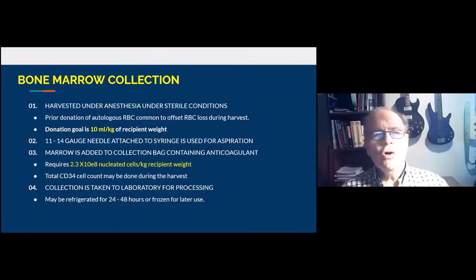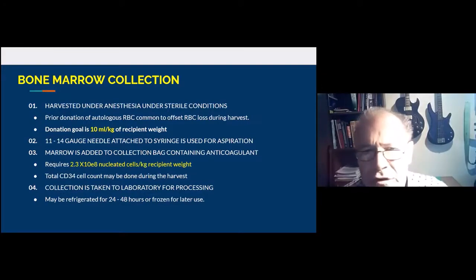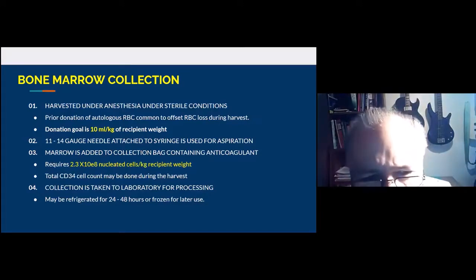The bone marrow is harvested under anesthesia under sterile conditions. Prior donation of autologous red blood cells is common to offset red blood cell loss during the harvest, because the donation goal is 10 to 20 milliliters per kilogram of recipient weight, and 11 to 14 gauge needles attached to syringes are used for aspiration. In general, 2 medical doctors perform it, and the aspirations are from the posterior iliac crest.